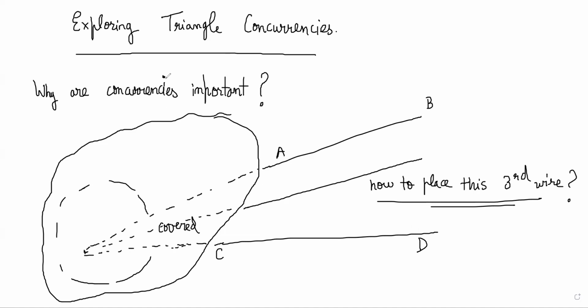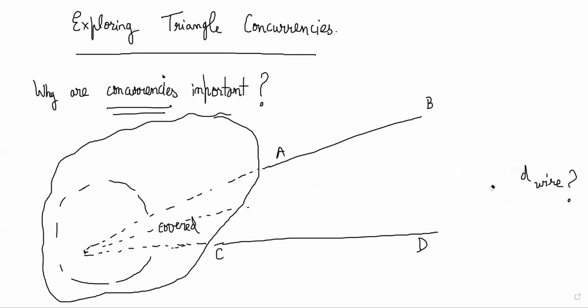And this is where we will be using the fact that there are concurrencies in a triangle. So how do we go about doing it? I will just rub off this place. What I will do is randomly make a third line here. Let's say this line is EF. Place a wire wherever you want, however you want, which cuts both the lines AB and CD.